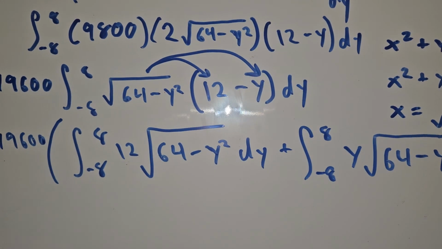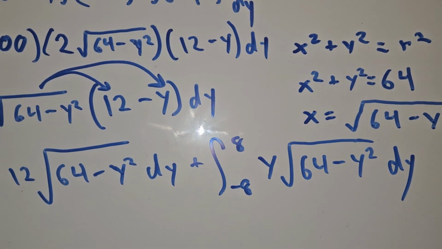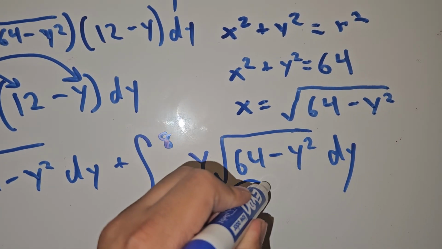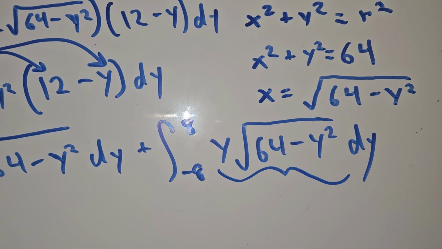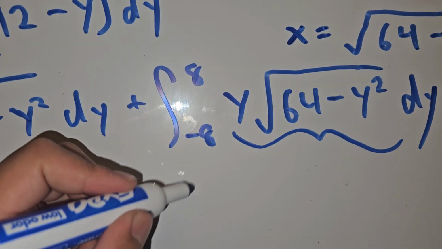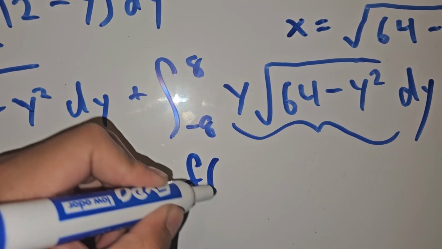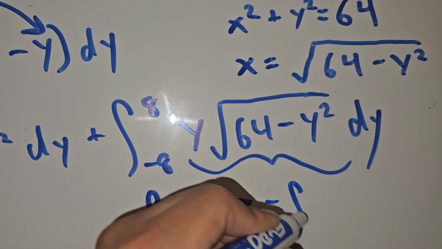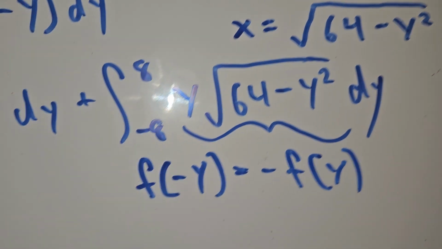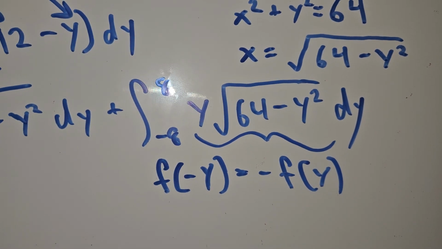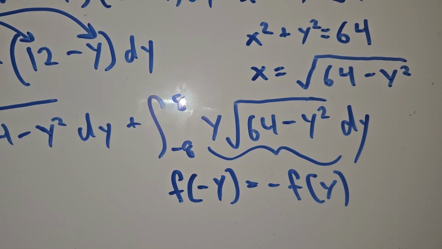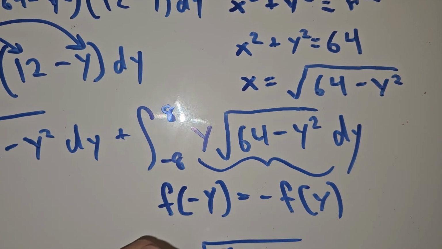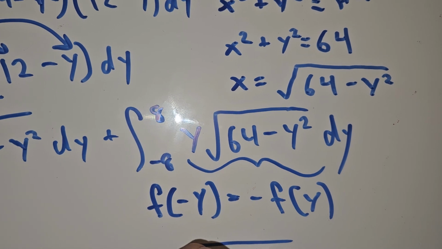If you see, this one right here is going to be an odd function. Why? An odd function is basically when f of negative y gives us negative f of y. If you plug in a negative y in there, that's just going to be negative y times the square root of 64 minus y squared.